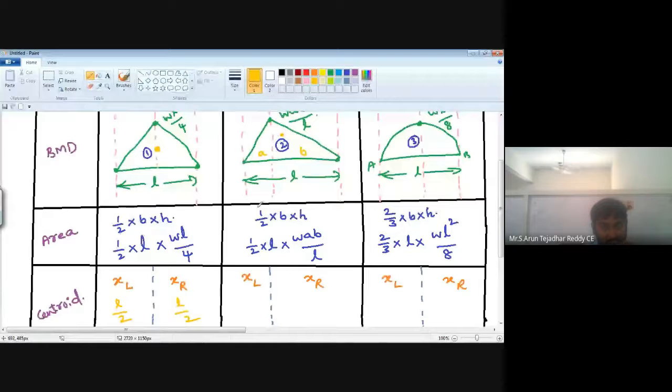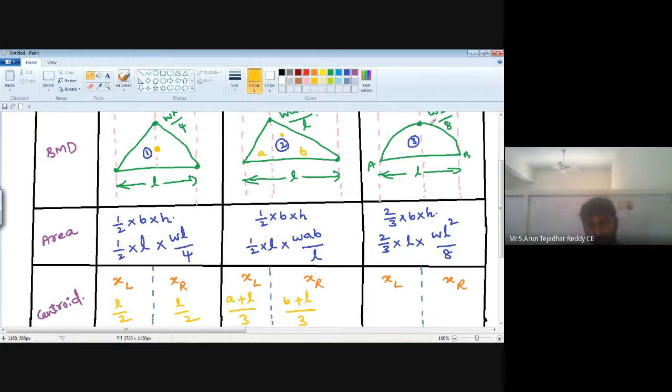So clearly we can write, when calculating the left side, the distance is A plus L by 3. Next, when calculating the right side center of gravity, the distance is B plus L by 3. So this is your center of gravity of the left side as well as the right side of the second diagram.